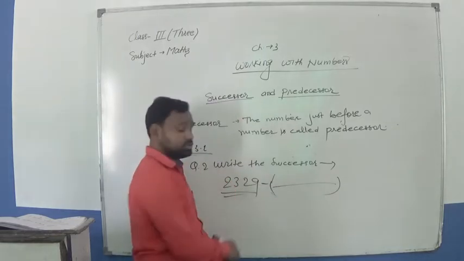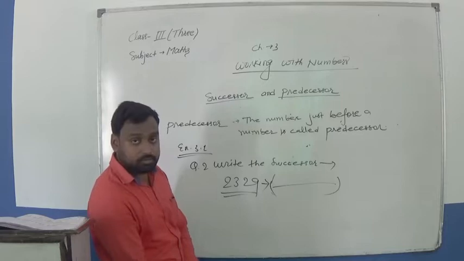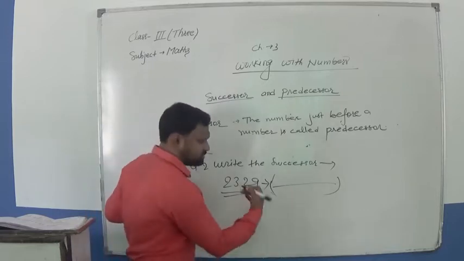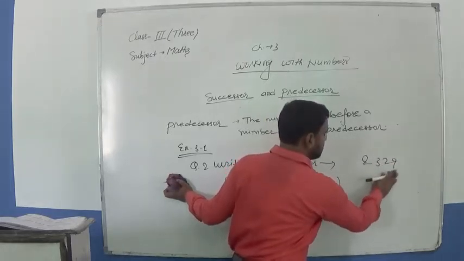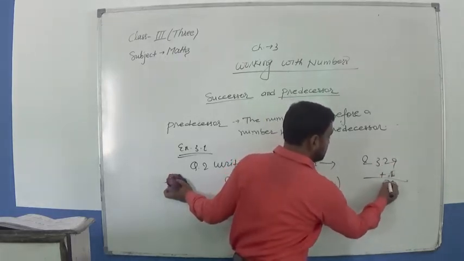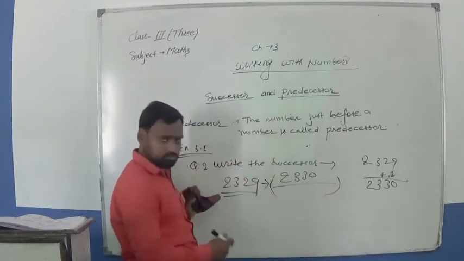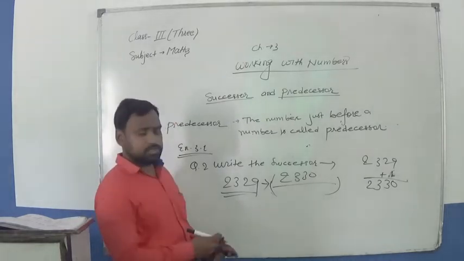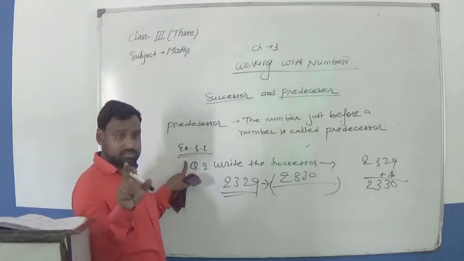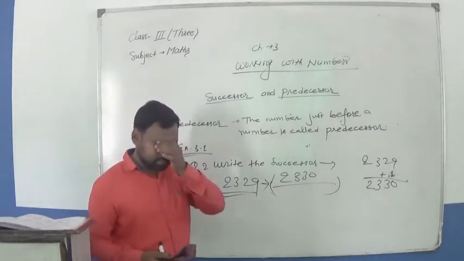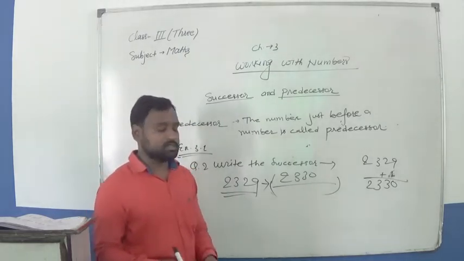What is the successor of 2329? What will you do? Being a brilliant student, nothing to think about. 2329 plus 1 is 2330. Do it like that. In this way you can solve exercise 3.1. All questions of exercise 3.1 are related to successor and predecessor. You can easily solve it.